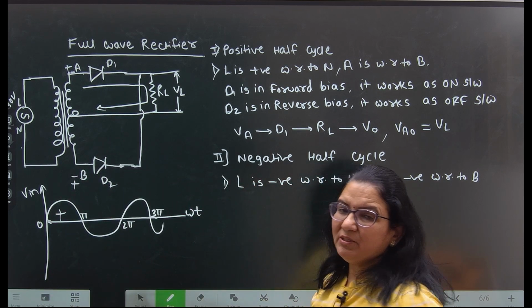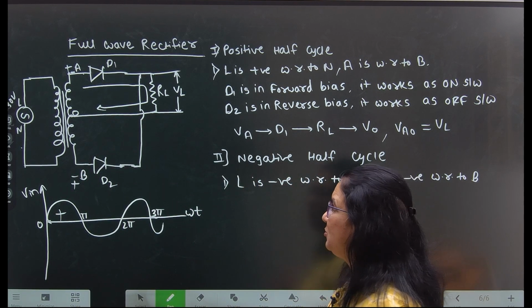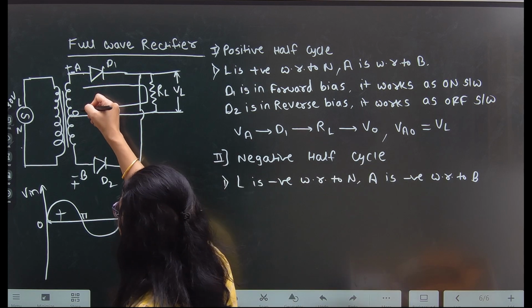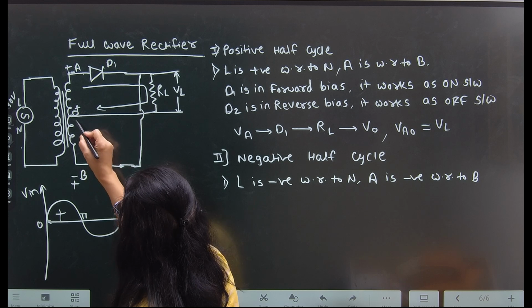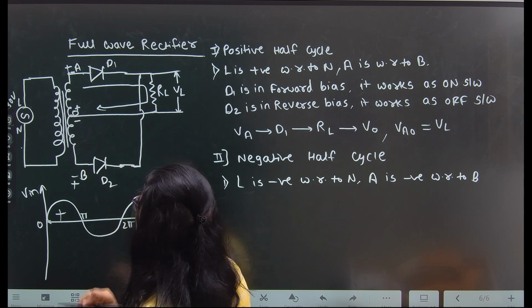If A is negative, that means O is positive. And B is positive, that means O on this side is negative.